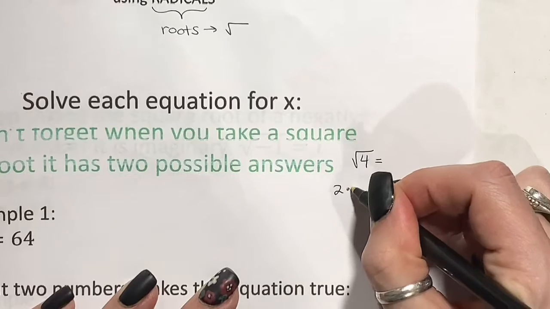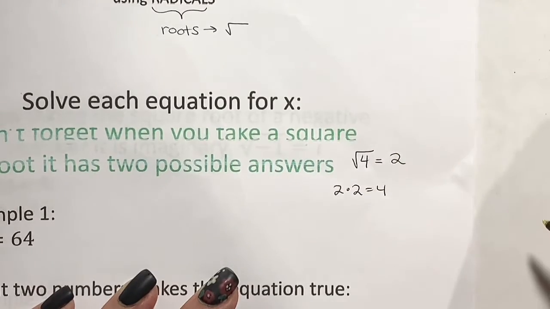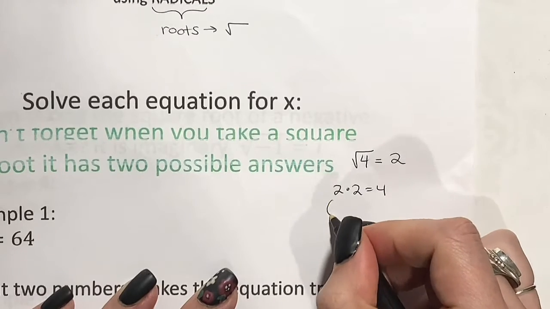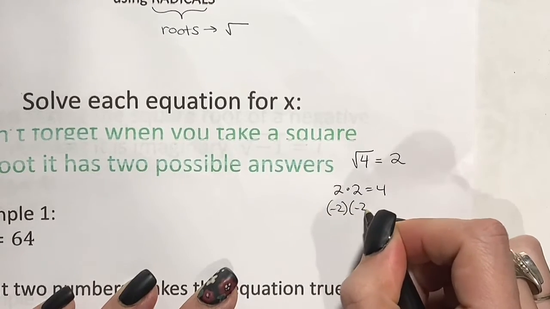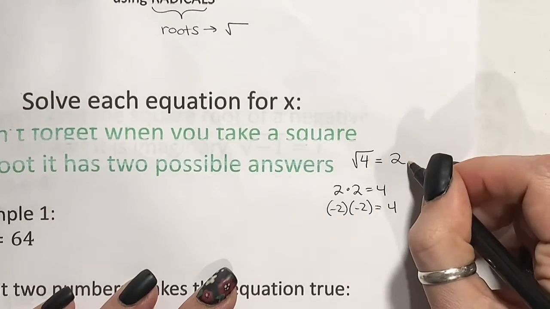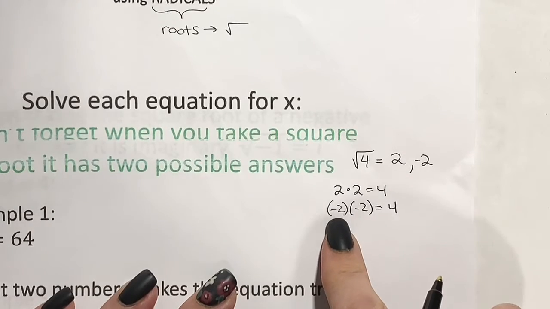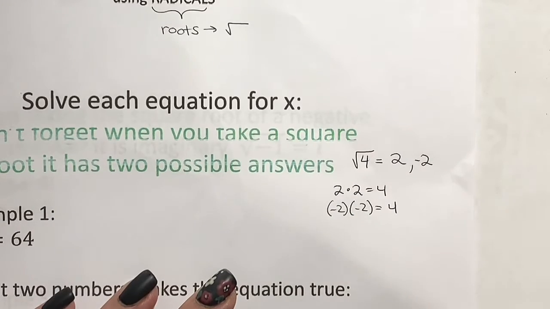So we would say, oh, the square root of 4 is 2. But negative 2 times negative 2 also equals 4. So one of the answers for the square root of 4 is negative 2. You always have the positive and the negative version of that, since two negatives make a positive.